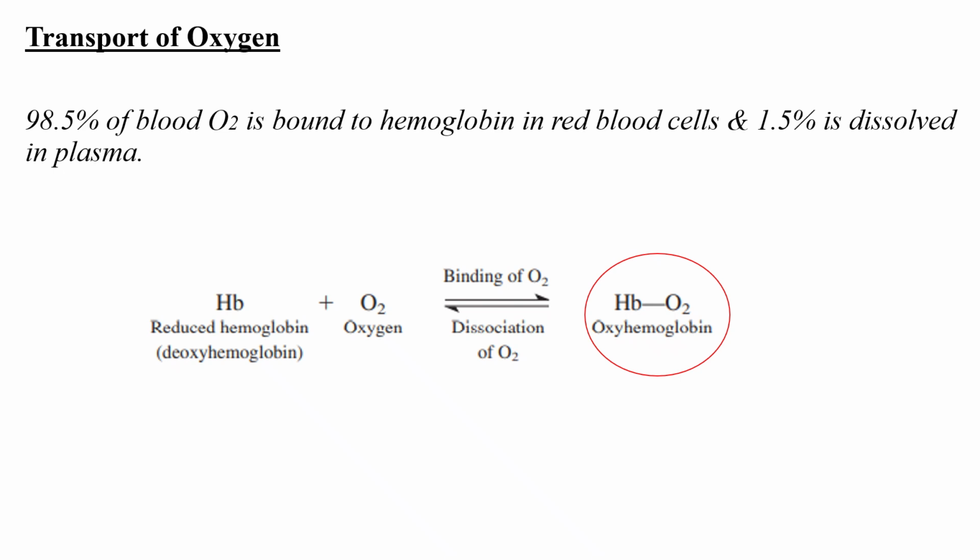The heme portion of the hemoglobin contains 4 atoms of iron and is responsible for binding 4 oxygen. Deoxyhemoglobin, the reduced hemoglobin, plus oxygen binds to form oxyhemoglobin.